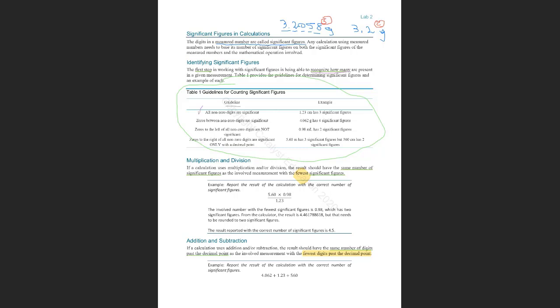The first one, all non-zero digits are significant. So if they give us 1.23, it has 3 sig figs, all count, the 1, the 2, and the 3. And that's the easiest. Then, zeros between non-zero digits are significant. And that's easy as well.